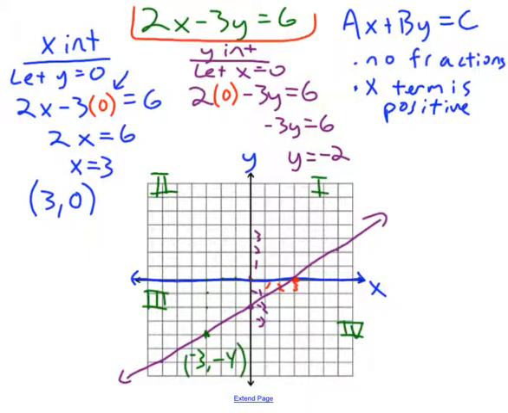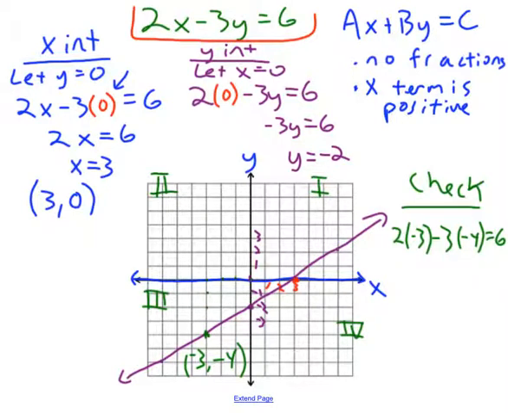And we can always check our solution by plugging that in. So let's check our solution. Instead of x, I'm going to have 2 times negative 3 minus 3 times negative 4, and that should equal 6.